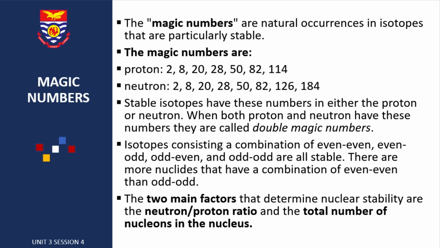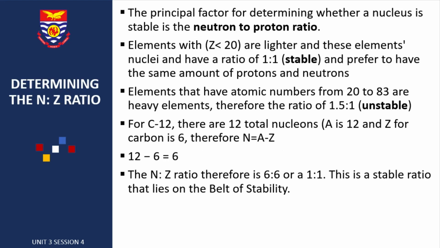From what we have learned so far, we can deduce that there are two main factors that determine nuclear stability: the neutron to proton ratio, that is the N to P ratio, and also the total number of nucleons in the nucleus. The principal factor for determining the stability of a nucleus is the neutron to proton ratio.